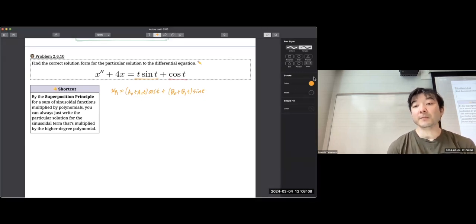The other particular solution, which is associated with the red one, is just a constant times cosine of t. And so I'll just use a cosine of t plus b sine of t.